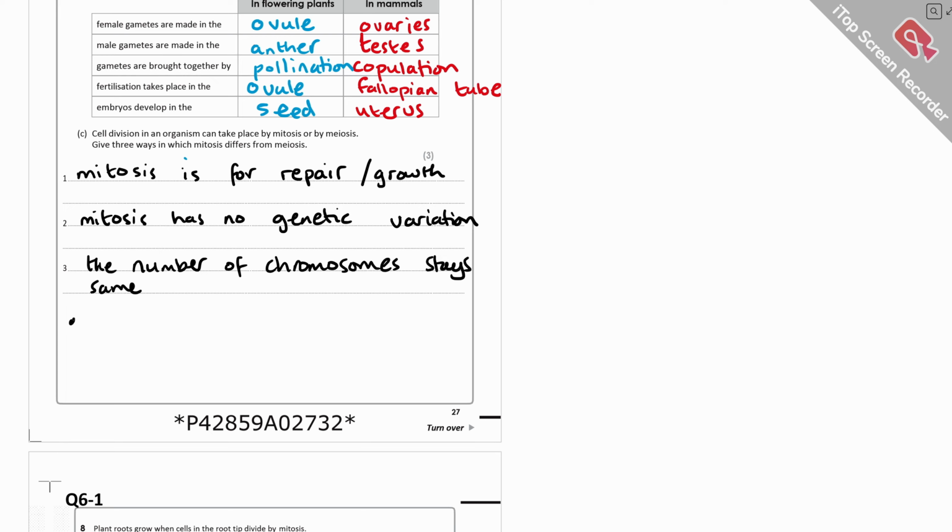What else can we say? You have one division, and a diploid cell is produced.